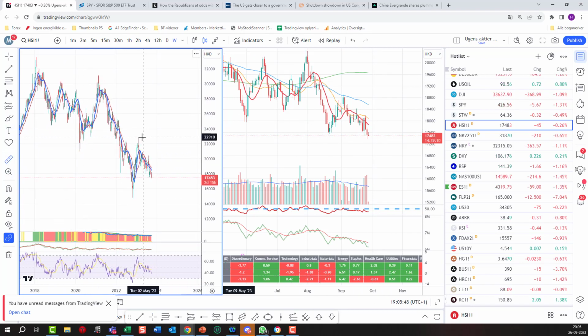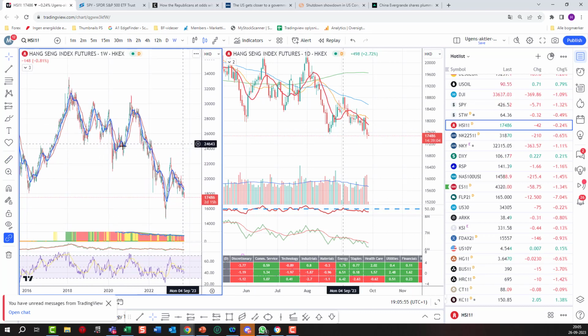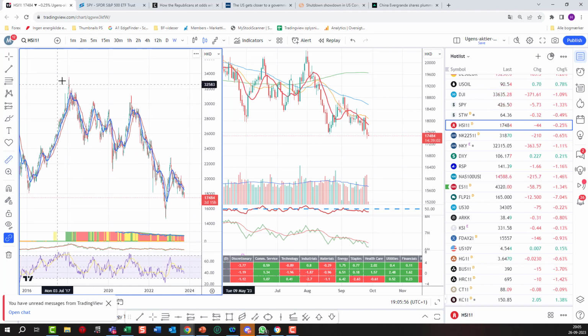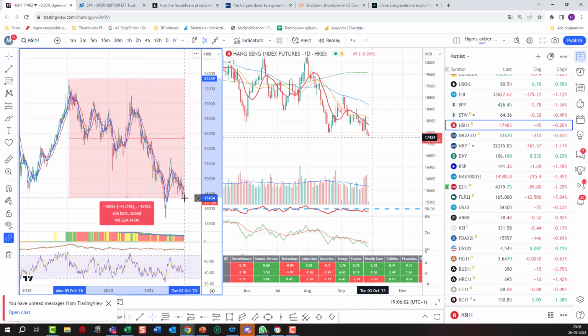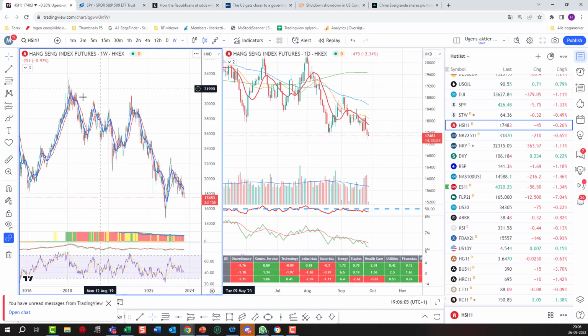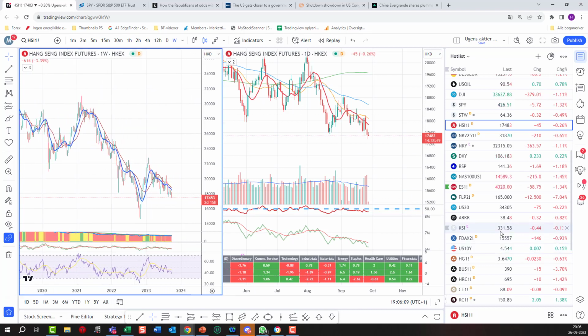From the last top back in January this year, we are down 23% just this year, and from the top back in February 18, so that is 5.5 years ago, they're down 47%. So it is a tough spot to be in the Chinese market right now.